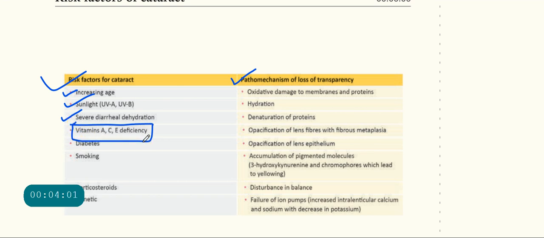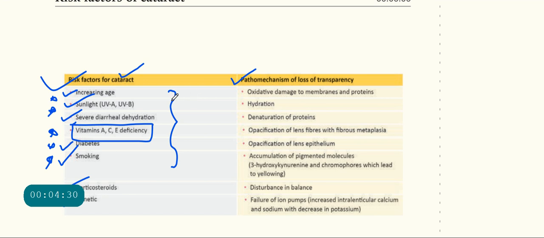It could also be due to diabetes, smoking, corticosteroids and genetic factors. The most important amongst these are age, sunlight, vitamin deficiency, diabetes and smoking.